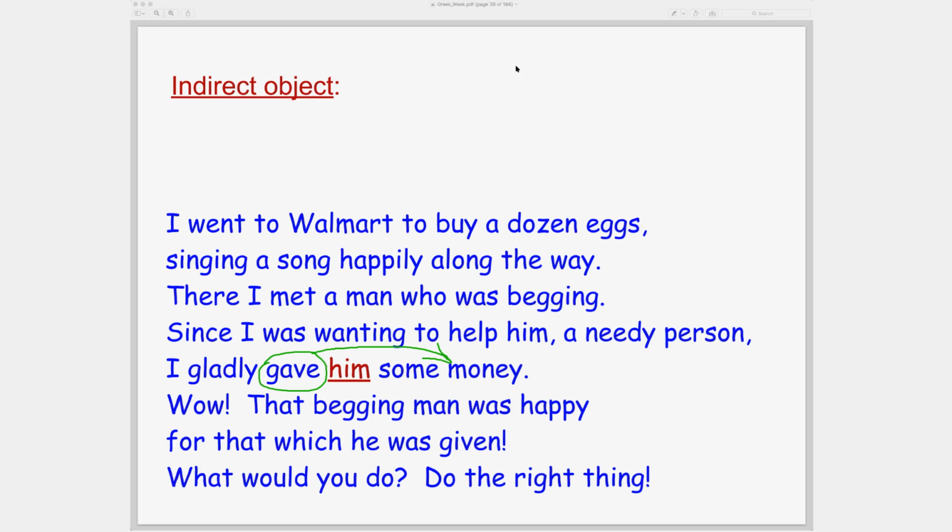I gave money. Him is an indirect object. I gave him some money. I did not give him, as if I could take him and give him to somebody. I gave him some money. And as I said, you could rephrase this using a prepositional phrase. I gladly gave some money to him.